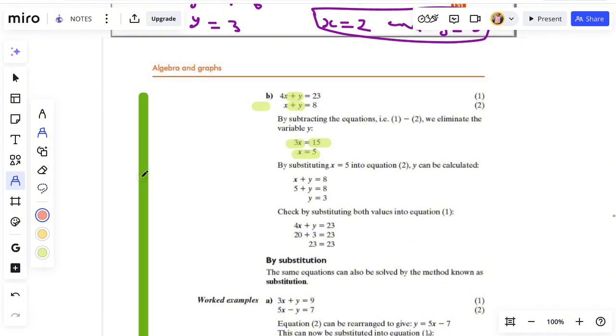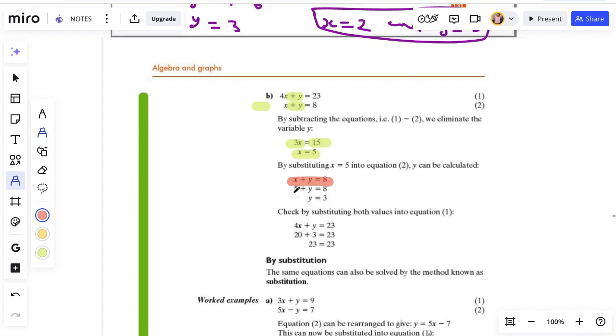then we can find y from any of these equations. So we can use equation 2 because equation 2 looks very plain and simple. Any equation you use, because you already got x, just put x in place. Look at equation 2: x plus y is 8. Then we already found x to be 5.